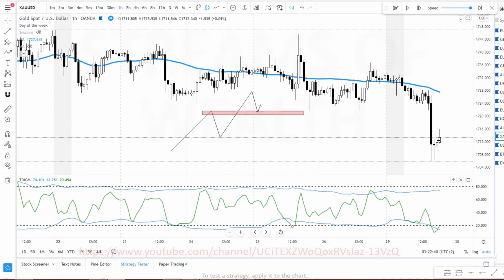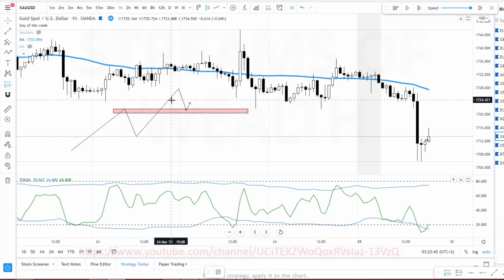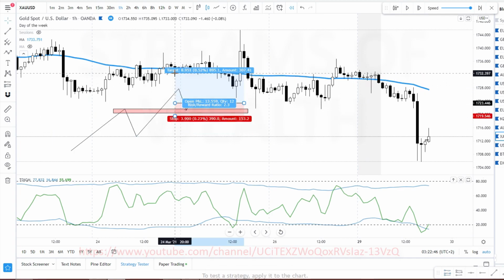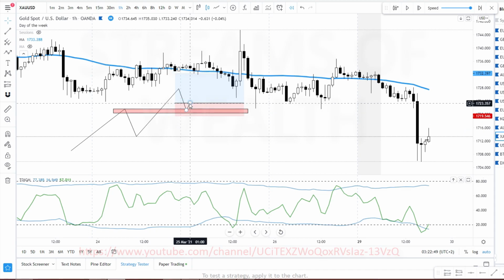So you can, for example, on 4 hour put your stops below, targets above, and what can happen on 4 hour, the price then can go up, for example like this, and then it can reverse and hit your stop loss.